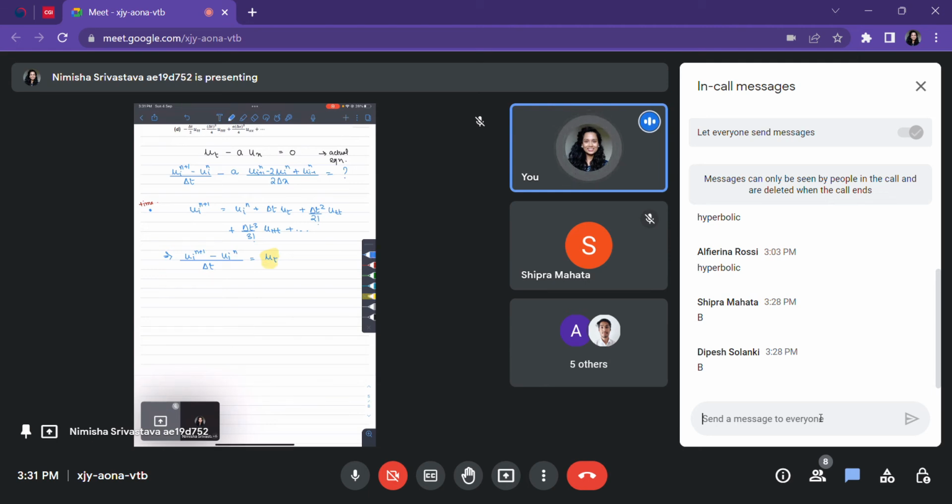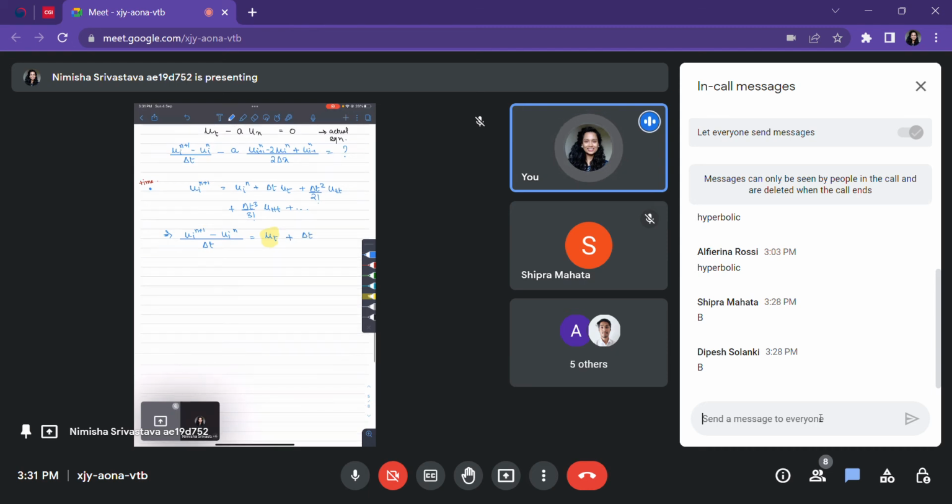Plus I have some truncation error. What is my truncation error? My truncation error is delta t by 2 factorial, because delta t is going to be divided throughout, right? U double t plus delta t square by 3 factorial u triple t.